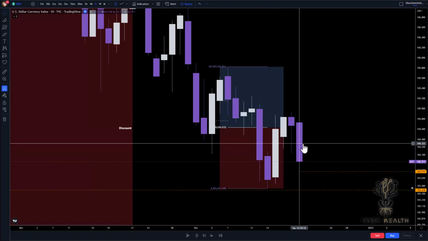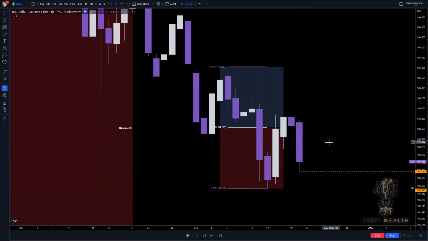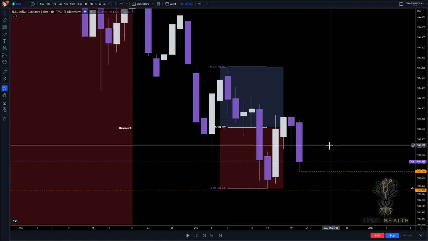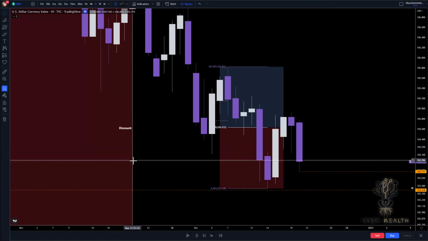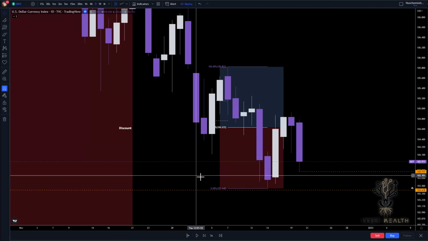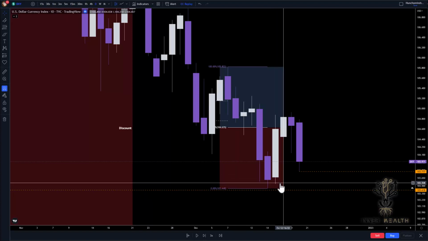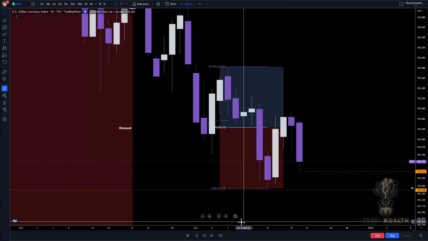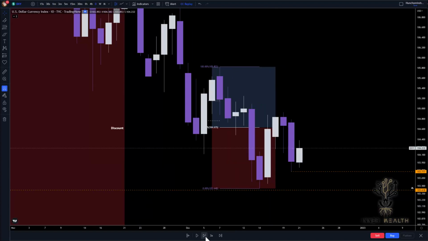So to avoid being in a poor or very low quality short scenario, this is the type of price action that I avoid selling at, because for the most part, if it does continue to short from here, our likelihood is that we're going to see an accumulation soon, and I do not want to be a part of that reversal.